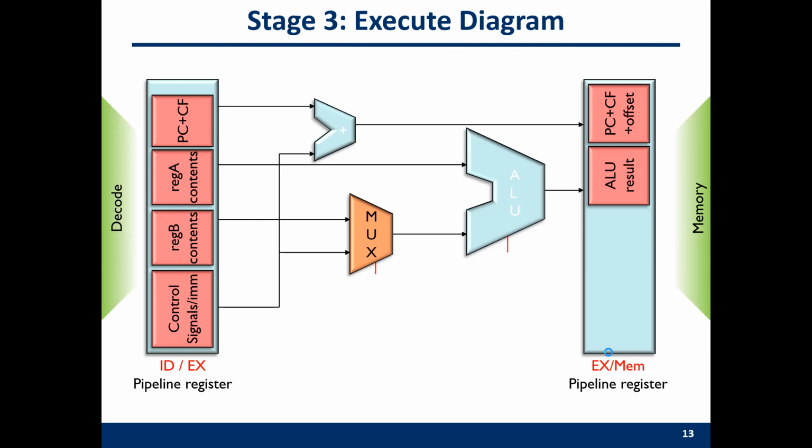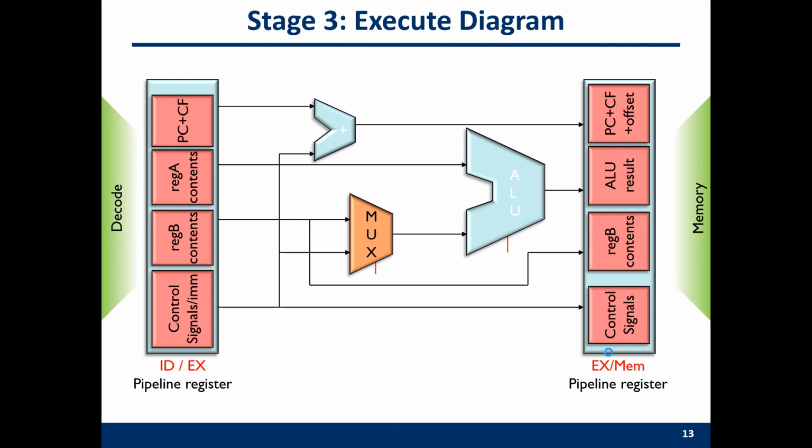This ALU is value of register B. And we can copy the control.